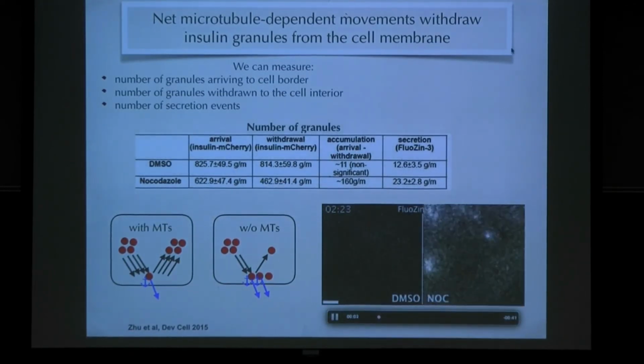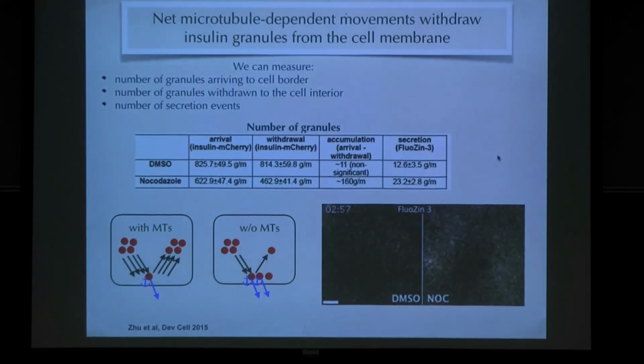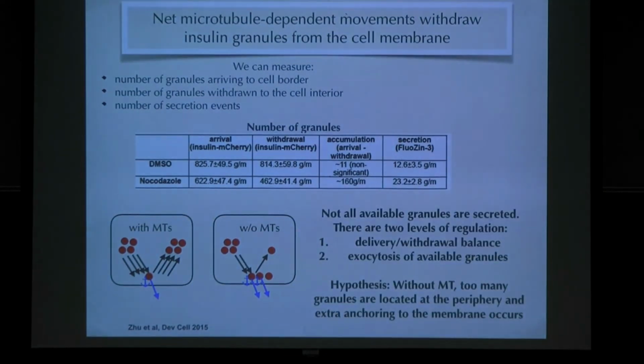So this is this movie again, which shows how we quantify the amount of secretion. There are two levels of regulation of secretion. One is this balance between withdrawal and delivery by microtubules.